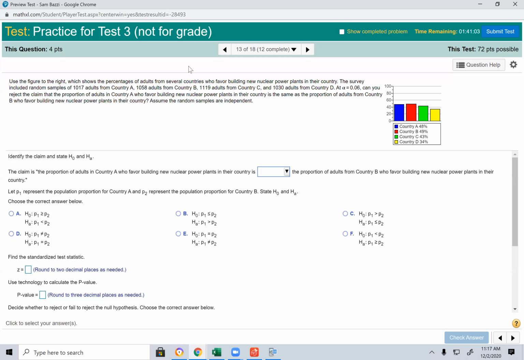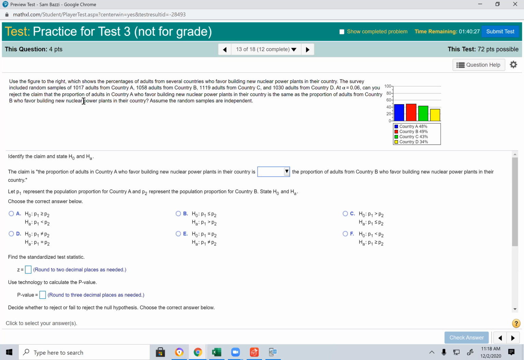All right. Last one, using proportion from chapter 8. Use the figure to the right, which shows the percentage of adults from several countries who favor building new nuclear power plants in their country. The survey included random samples of 1,017 adults from country A, 1,058 adults from country B, 1,119 adults from country C, and 1,030 adults from country D. We might not need to use all of those, just probably one country or two, comparing two countries.